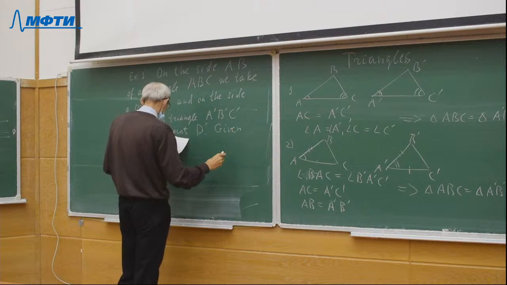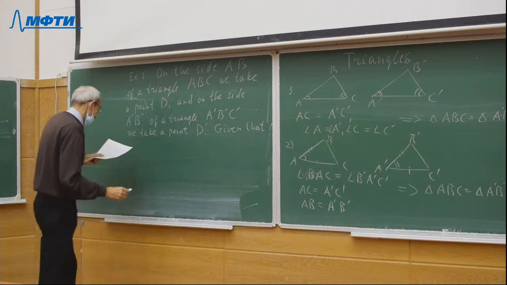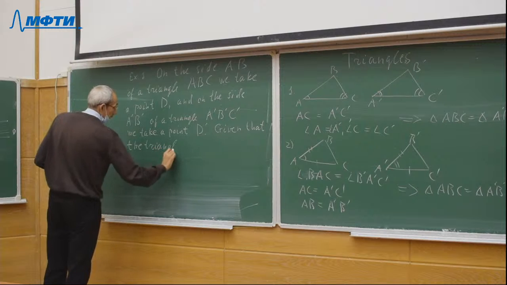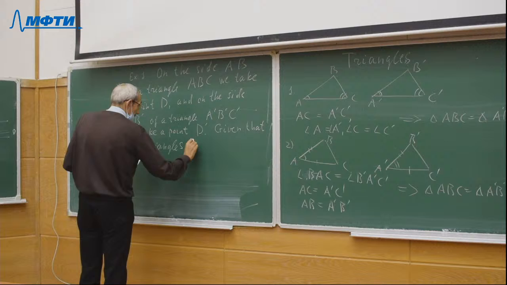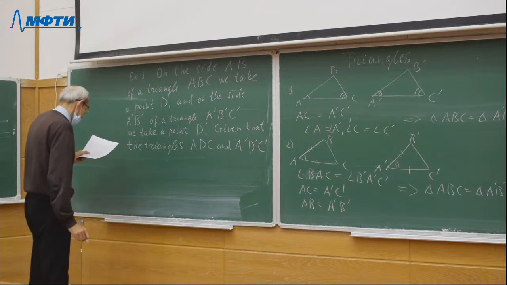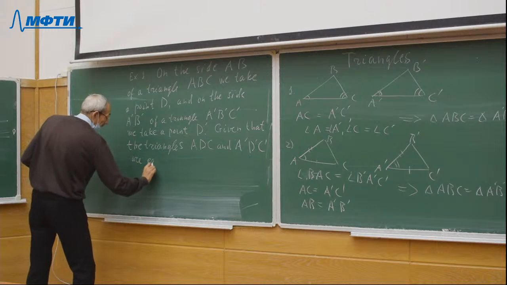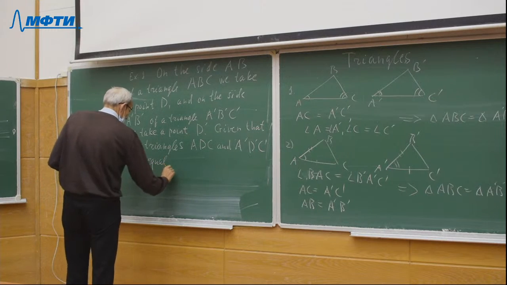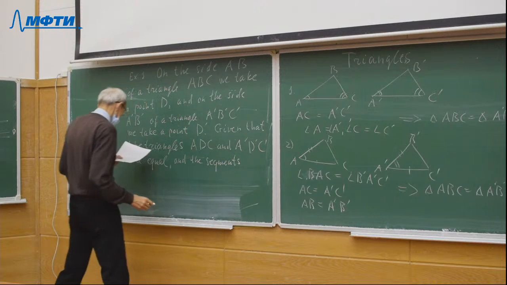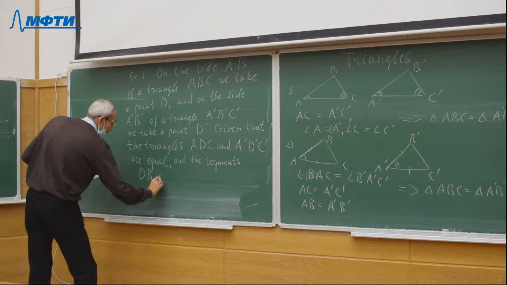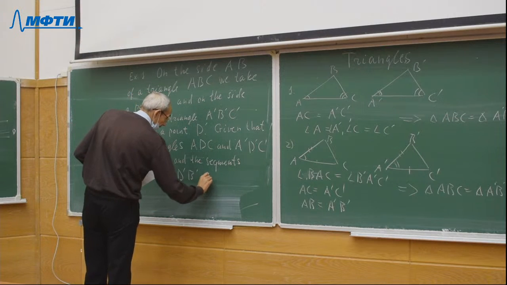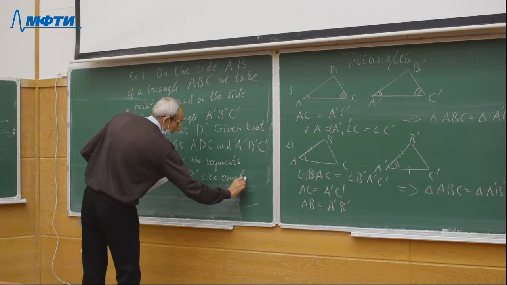Given that the triangles ADC and A prime D prime C prime are equal, and the segments DB and D prime B prime are equal.